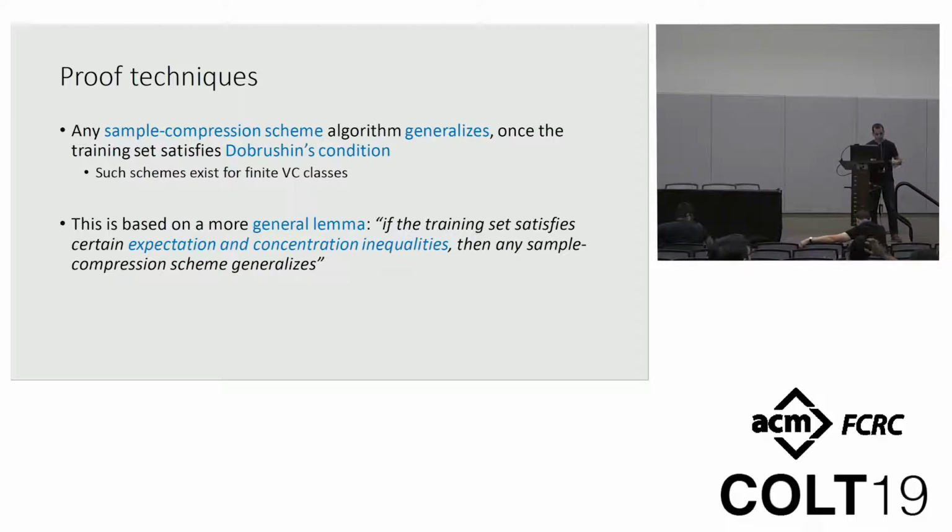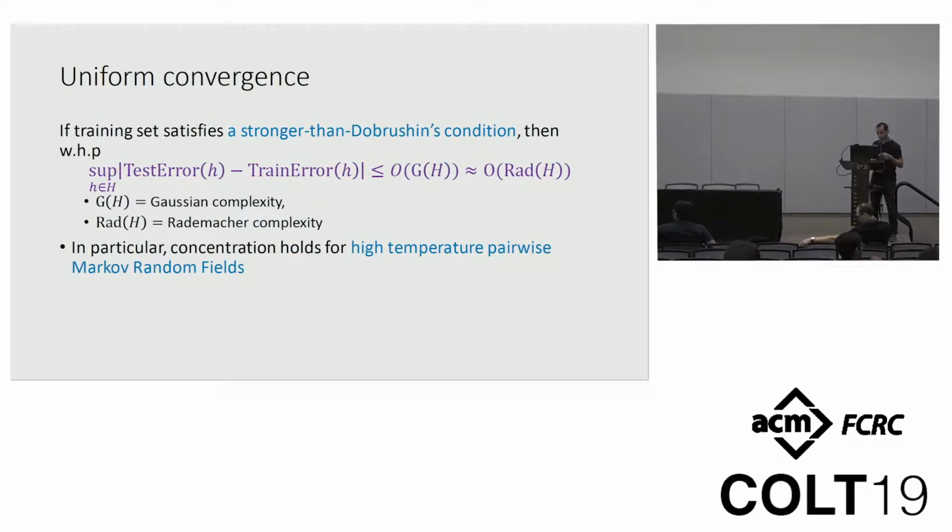Since for any class of finite VC dimension there exists a sample compression scheme, we can learn any class of finite VC dimension. We actually have a more general lemma, which is not technically difficult, that gives a sufficient condition for sample compression schemes to generalize. That's the result on learnability.